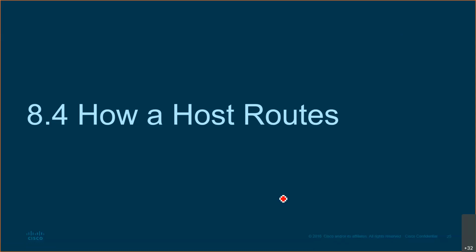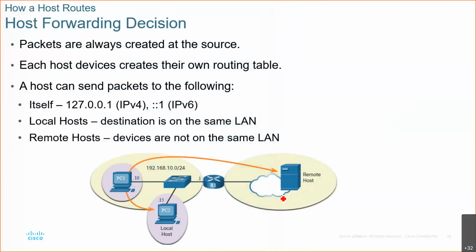Now let's study if you go outside the network, how it does that. So from the source, when you create a packet, how does it leave the network? First of all, you should know you can send a packet to yourself.